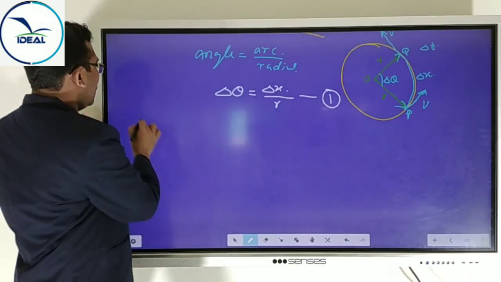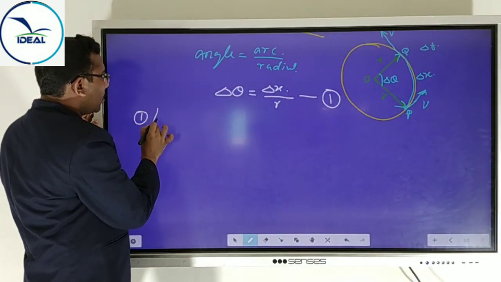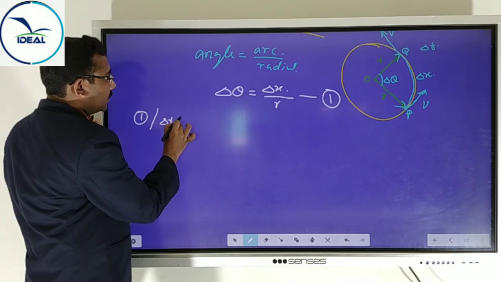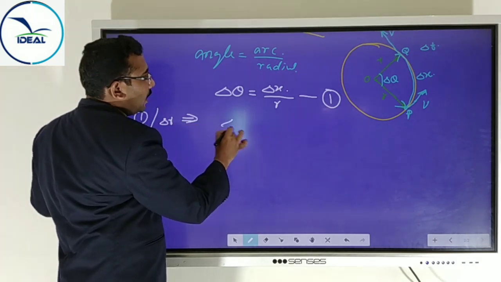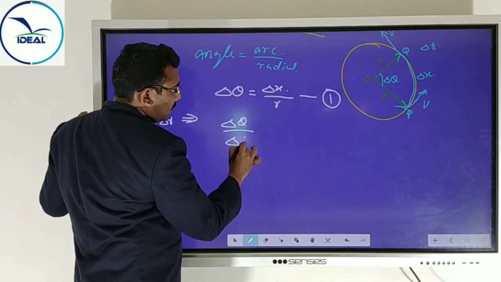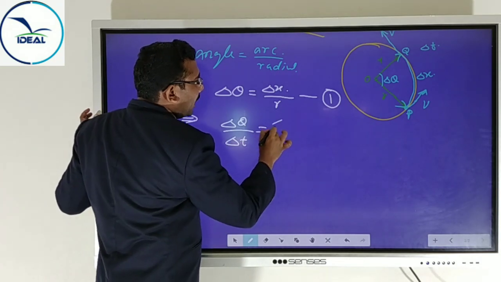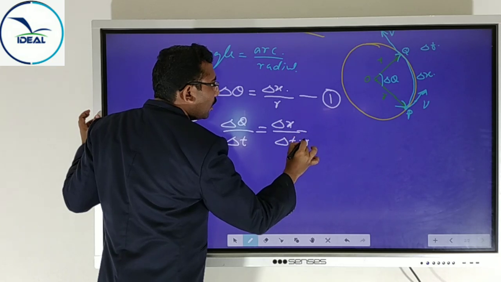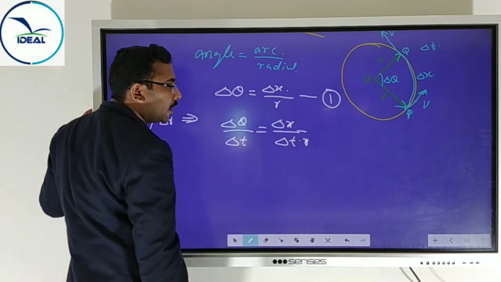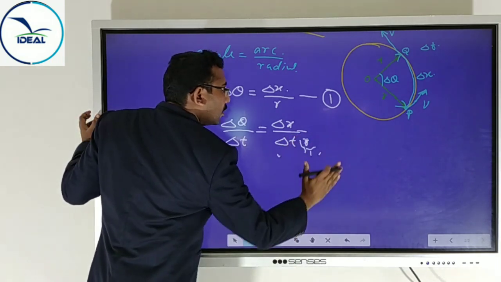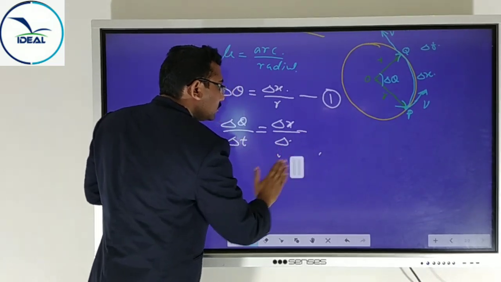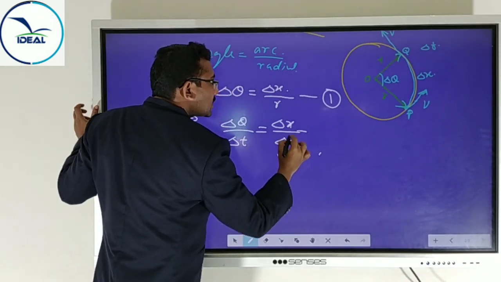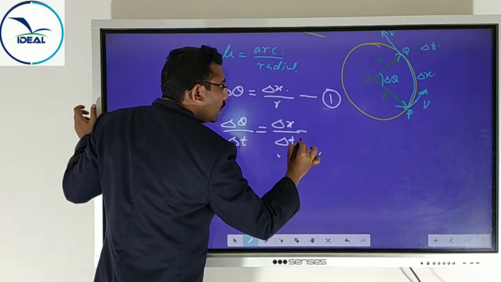Divide the equation 1 throughout by delta t. What we get? Delta theta by delta t is equal to delta x by delta t into 1 by r.